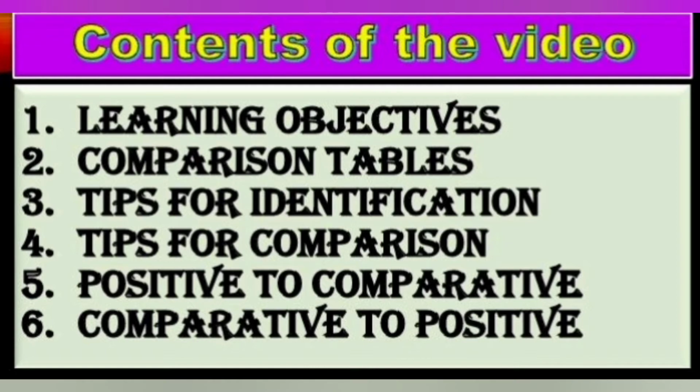Then we have tips for identification. There are some tips for identifying if the sentence is in positive, comparative or superlative degree. Then there are tips for transformation. How to transform from positive to comparative degree and comparative to positive degree.